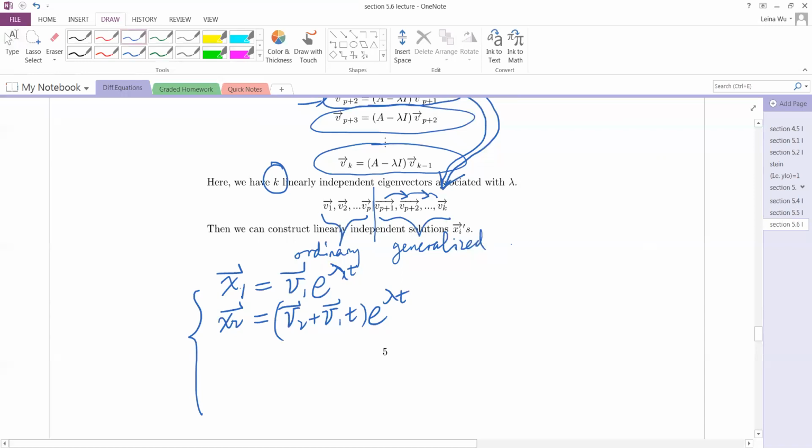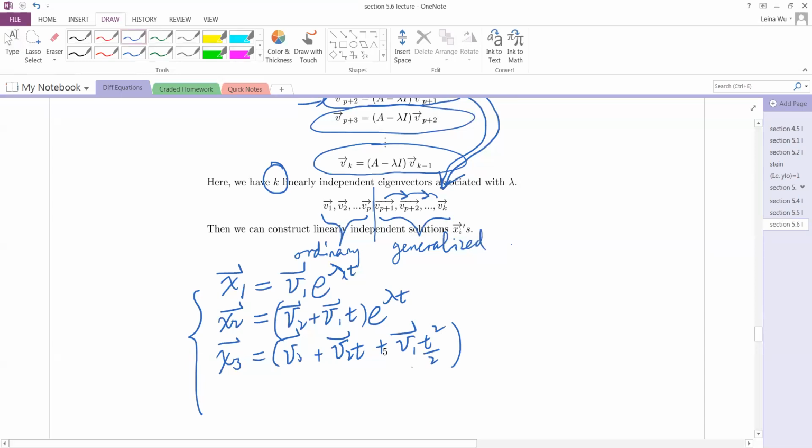Good so far? So what about x3? X3 is a little bit tricky. We should have v3 to start with, right? Do you see the pattern? Start with v3, and then we go v2 t, we copy, and then you would have v1 times t squared, but typically we divide by 2 so that when you take the derivative, it's still t.